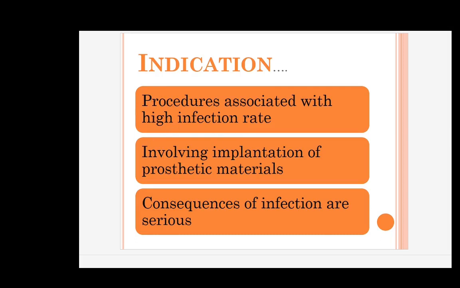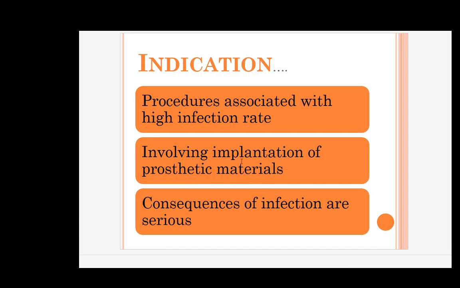So in surgical practice, where do we give prophylactic antibiotics? We do it in procedures which are associated with a high risk of infection. Infection is not there, but having done that operation, the chance of infection is very, very high. So there we start in a prophylactic mode. It involves implantation of any prosthetic material like a mesh graft or maybe an orthopedic implant. Once you have put this prosthetic material, if infection happens, the consequences are very, very high.